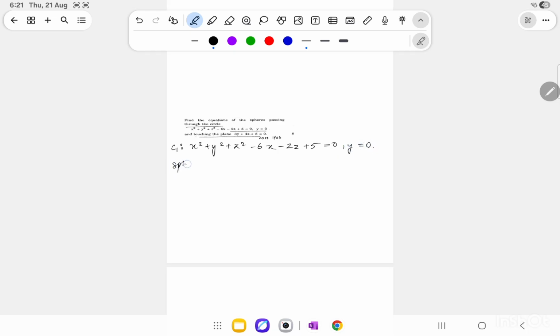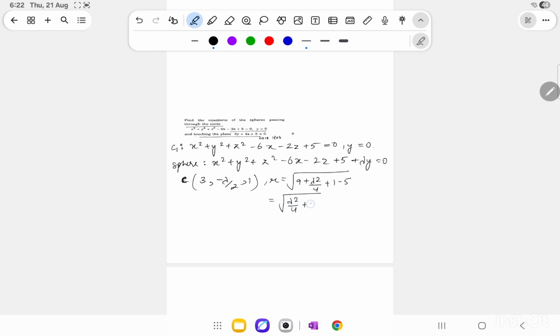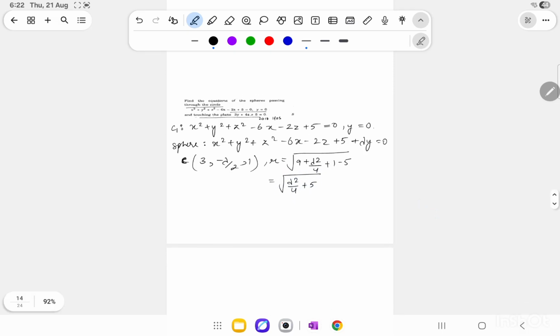So any sphere via this will be of the form x square plus y square plus z square minus 6x minus 2z plus 5 plus lambda y equals 0. The center C of this sphere would be of the form (3, minus lambda by 2, 1), and the radius will be under root of (9 plus lambda square by 4 plus 1 minus 5), which is basically under root (lambda square by 4 plus 5).